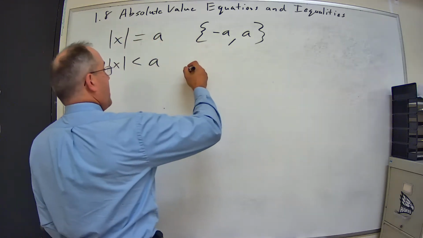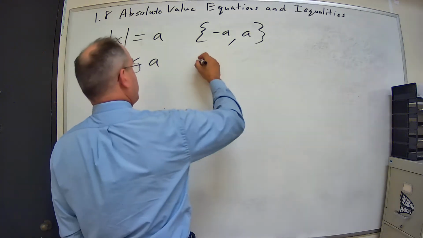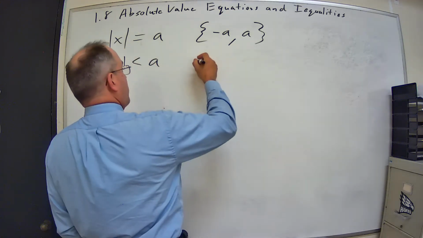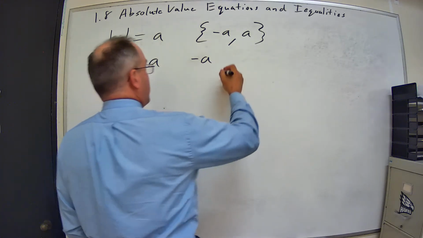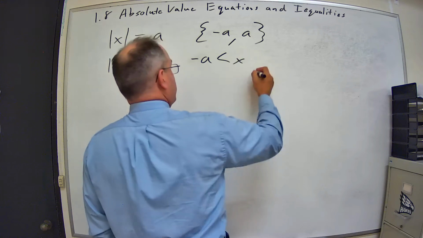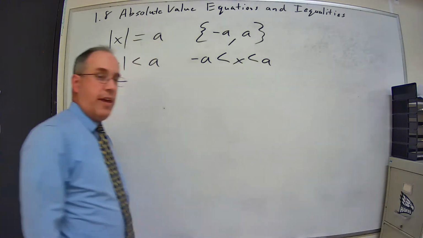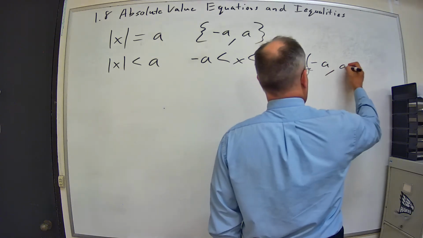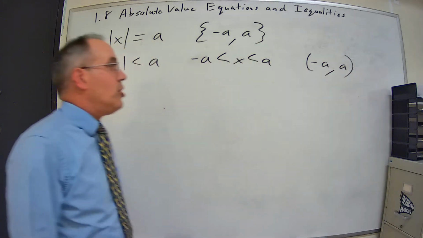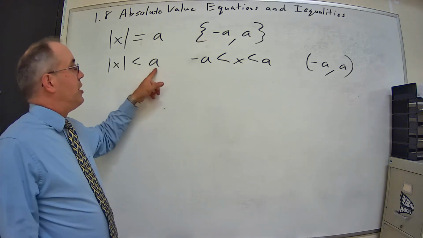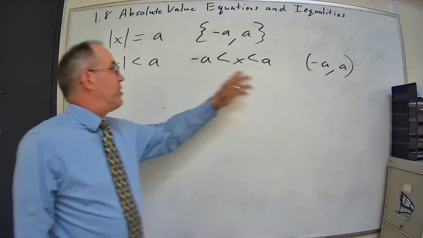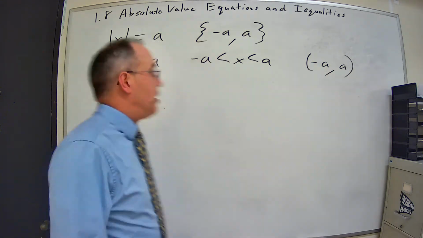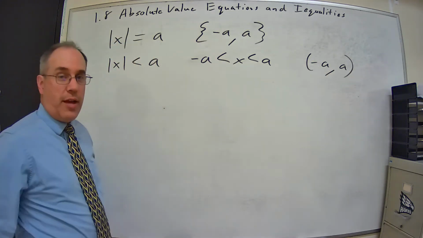So we can say that our interval is going to be from negative A to positive A, or in interval notation, we could write it as negative A to A. Notice that we are not including A as a possibility. We're within the range from negative A to A exclusive, because we do not have an equal sign here.